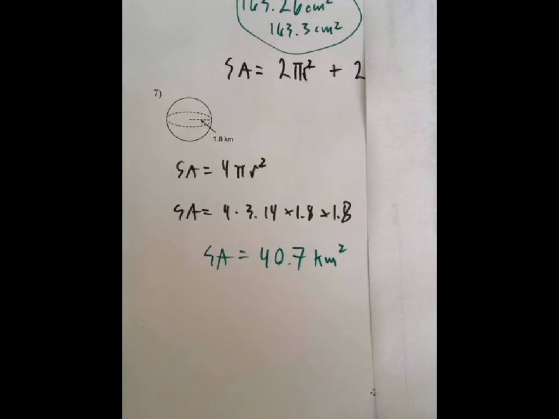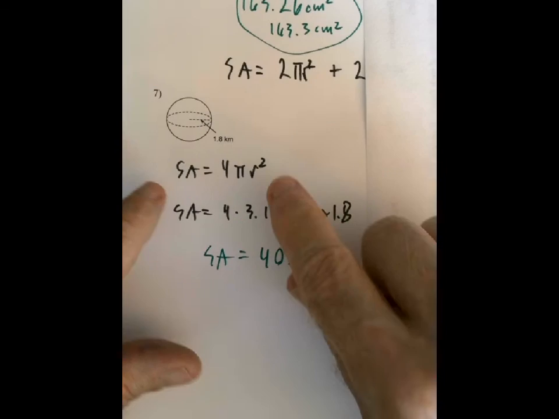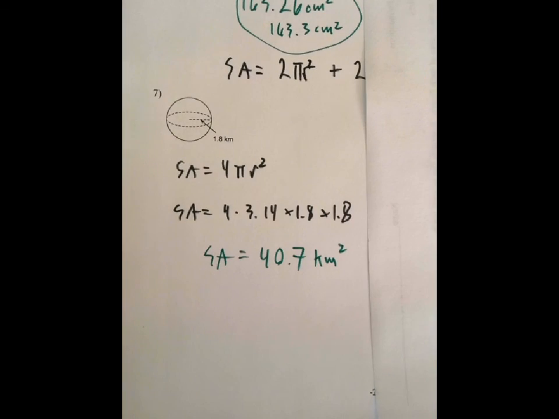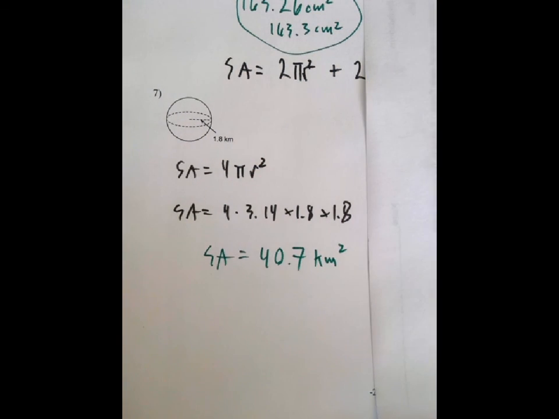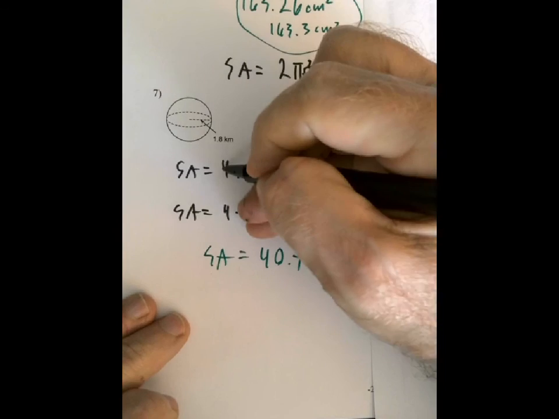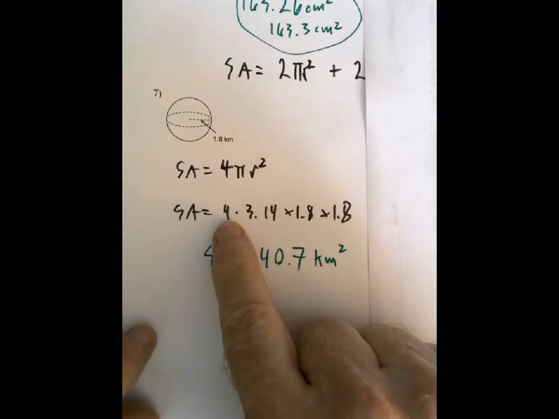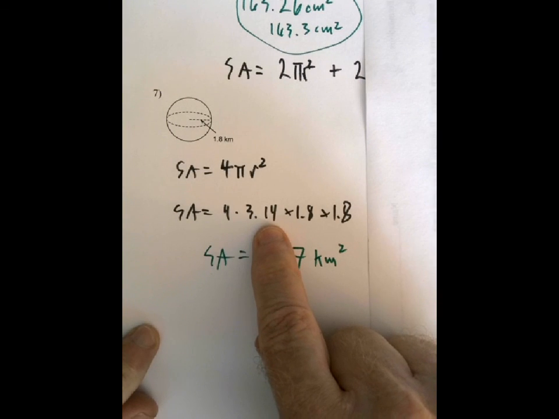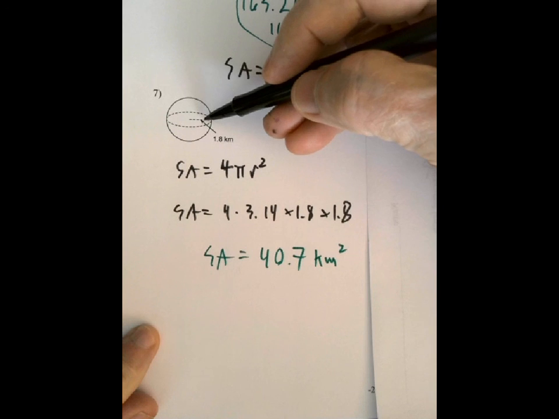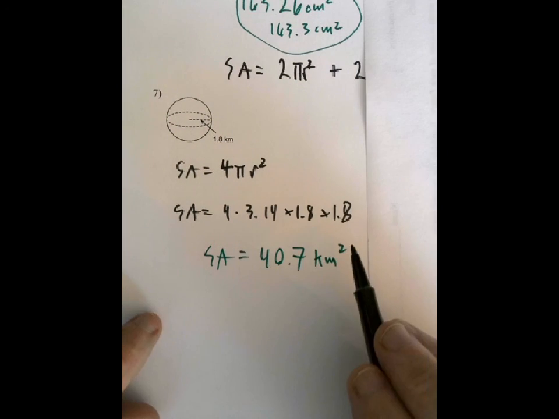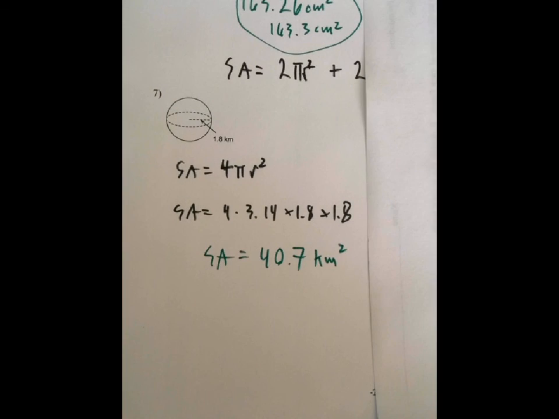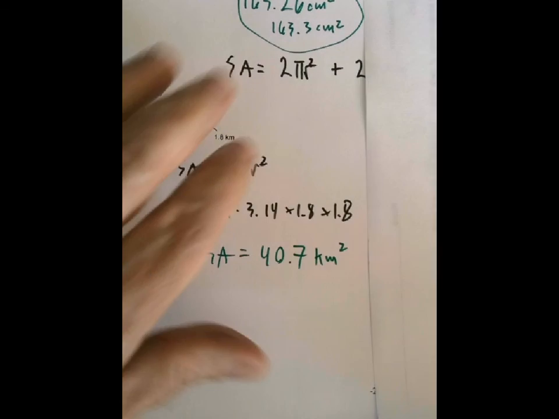Here's finding the surface area for a sphere, and these are the simplest of all of them because it's one formula with the radius in it, 4 pi r squared, right? So 4 times 3.14 times the radius, which is 1.8 times 1.8, multiplied all together is 40.7, rounded off. Square kilometers, because the units were kilometers.